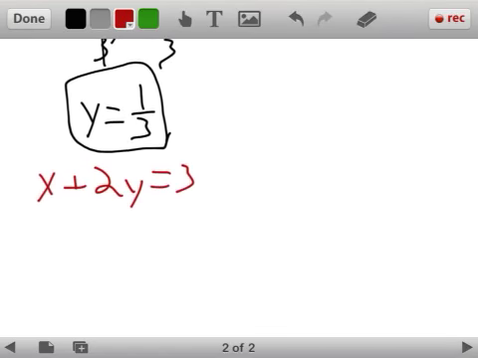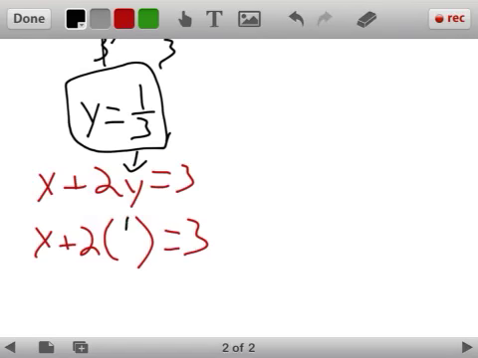And I'm going to use substitution. I know that y equals 1/3, so I'm going to plug 1/3 in for y. And my equation looks like this, and I'll color code it so that you can see what's being subbed in. So 1/3 for y.